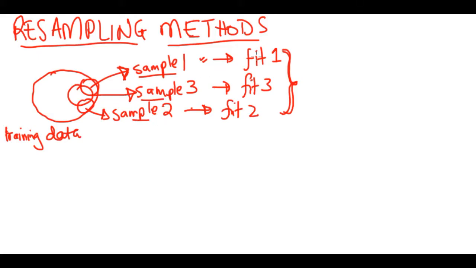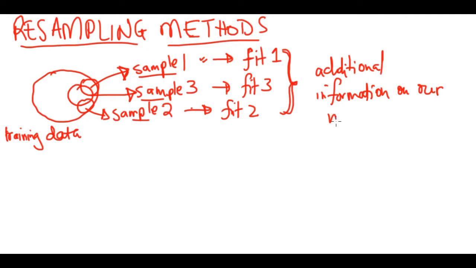Fitting different models like this on different samples helps us gain additional information. That is our aim: as we fit it many times, we are hoping to get additional information on our model, by comparing our results, since a fitted linear model may differ each time a sample is drawn.